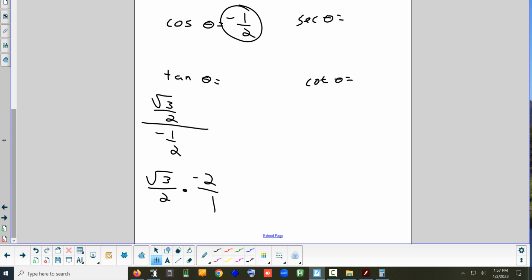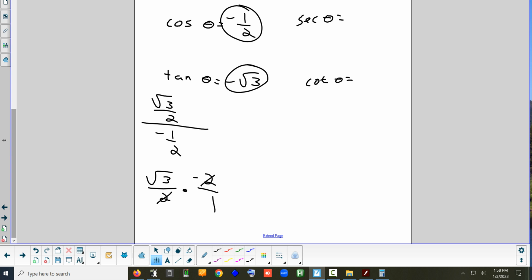Well, if you take what's in the bottom and you flip it and you multiply, the 2's are going to cancel. Not the negative. That's still there. So when you divide these two, what you're going to end up with is negative square root of 3 over 1. So it's just negative square root of 3.